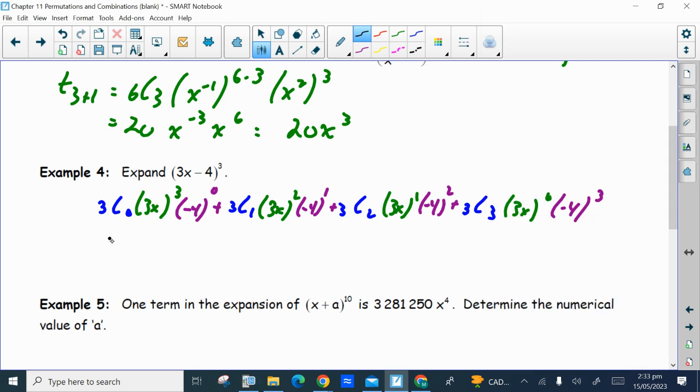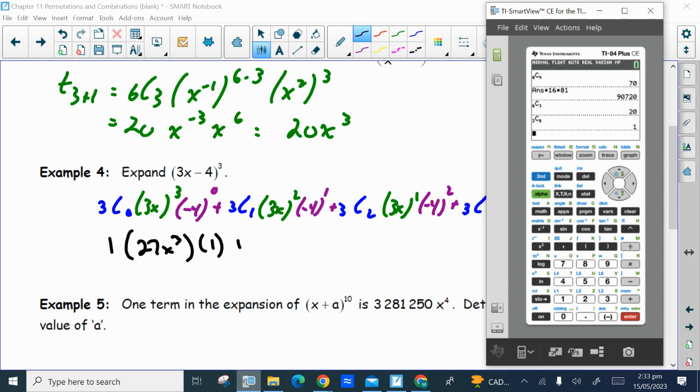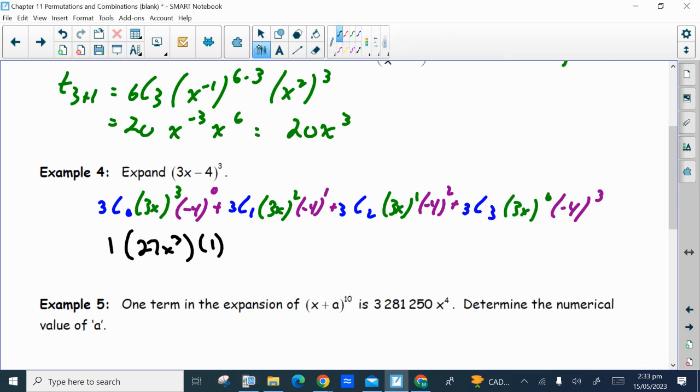And 3x all cubed is 27x cubed times negative 4 to the 0, which is 1, plus 3c1 is 3, times 3 squared is 9 times negative 4 to the 1, or negative 4, gives us negative 108 as our next coefficient. And that'll be x squared.